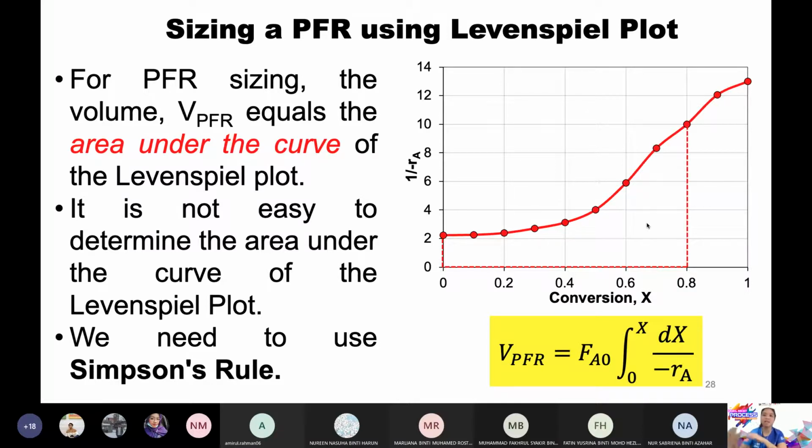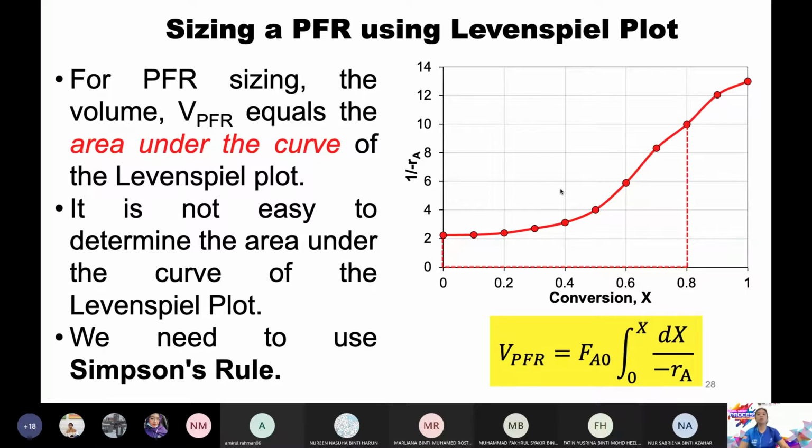Okay, maksudnya again, kalau kamu tengok integral equation ni, yang part dX per minus RA ni, part pengamiran ni bersamaan dengan luas di bawah graf, multiply with FA0. Beza, tadi CSTR luas di atas dan di bawah curve, darab FA0 sama dengan volume CSTR.